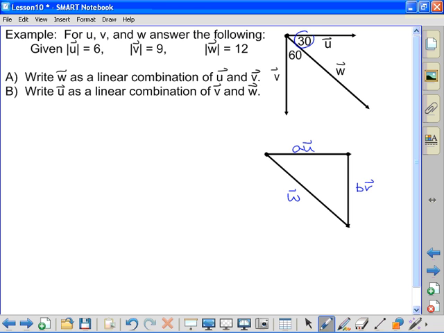We know that the u vector was 30 degrees away from the w vector, and we know that this is a right angle, so this must be 60 degrees. So it's a right angle triangle. Please make sure, always look for the easiest way to do things. And if you have a right angle triangle, it means you can use SOHCAHTOA.